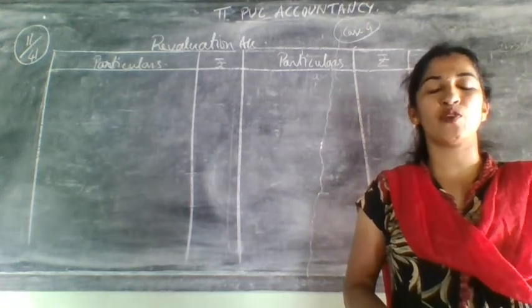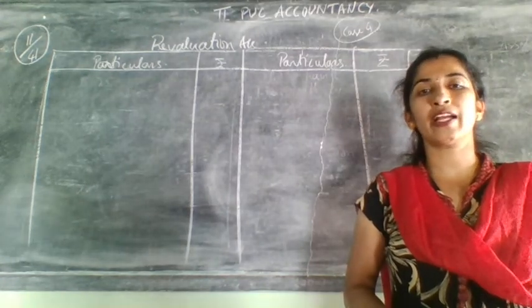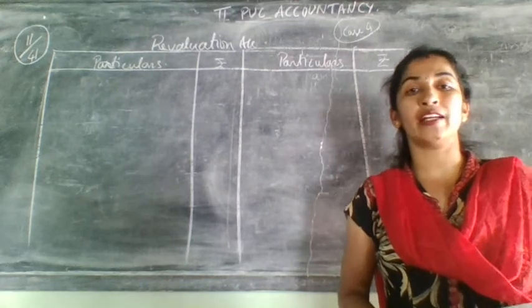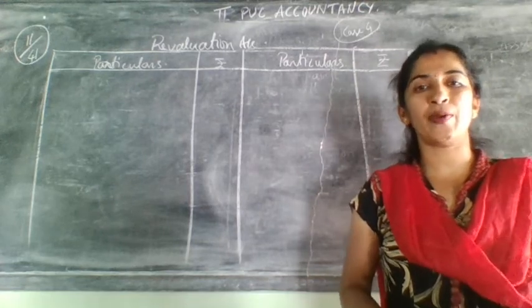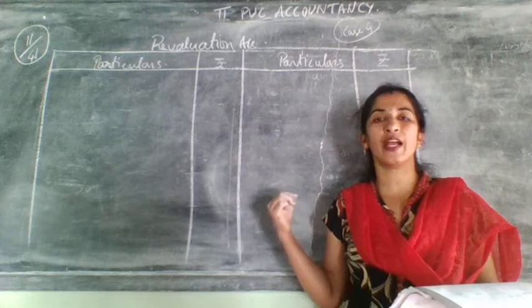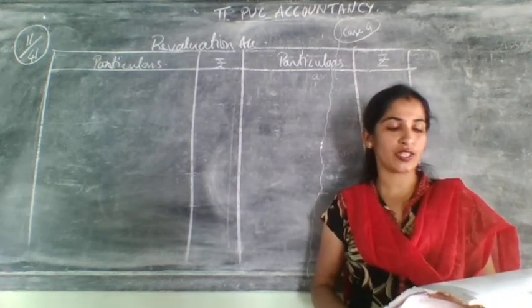Their balance sheet on 31st March 2017 was as follows. Assets: cash at bank. Here you need to add the new partner's capital to the bank account, so consider it as bank, not cash. Bills receivable 19,000.